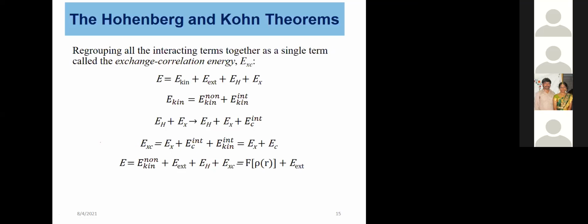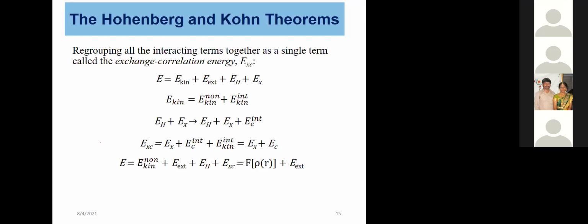So this non-interacting kinetic part of the energy will depend on how the electron density is distributed in the system, so it can be calculated from the electron density. And also the interaction between electron and electron, that is E Hartree, also depends upon how the electrons are distributed in the system. If the electrons are situated very far apart, the density will be different between those two electrons, or if they are very near, the density will be very high in the system.